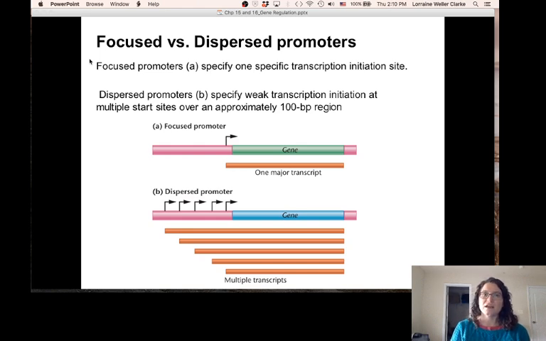Dispersed promoters specify weak transcription initiation at multiple start sites. This can create multiple transcripts. Know that they all contain the gene, just the promoter length is different. This can actually mean that this will promote multiple creation of mRNA to increase the gene products. And the separate activator of these dispersed promoters will promote that as well.